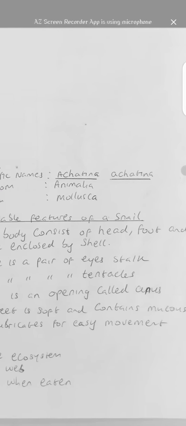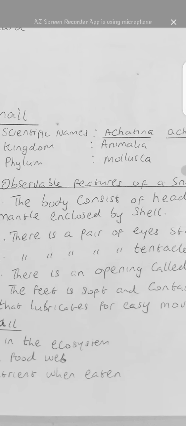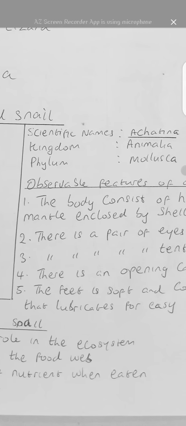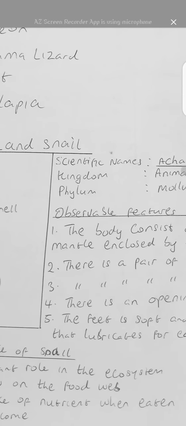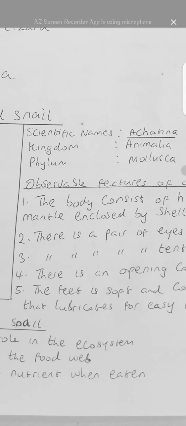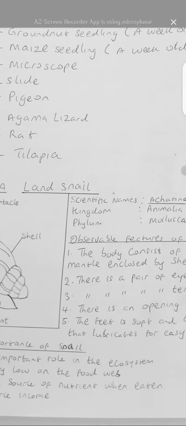Number three, there is a pair of tentacles. Number four, there is an opening called the anus. Number five, the foot is soft and contains mucus that lubricates for easy movement. You can learn three. In practicals, they do not really ask you to mention a lot, three or four.